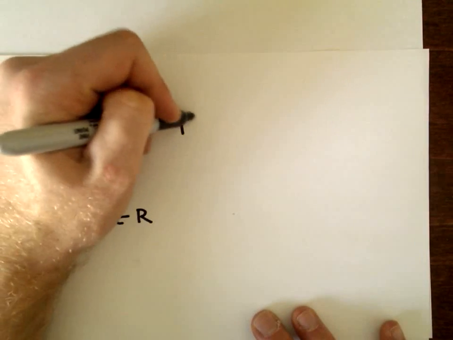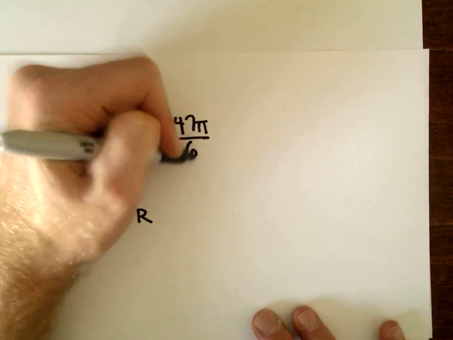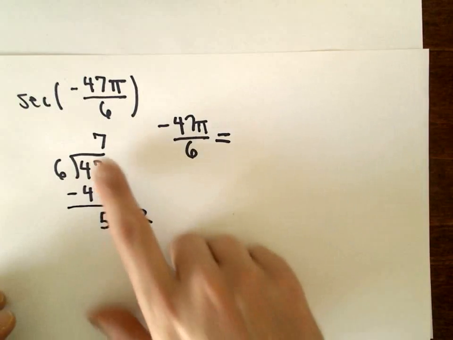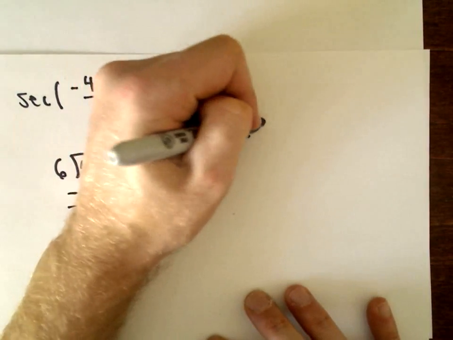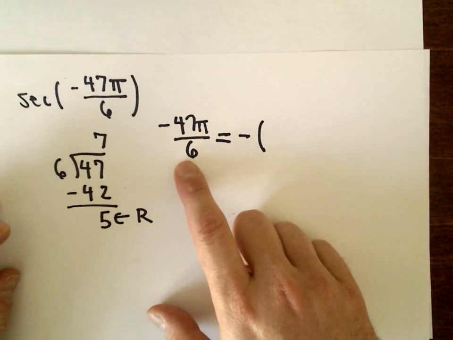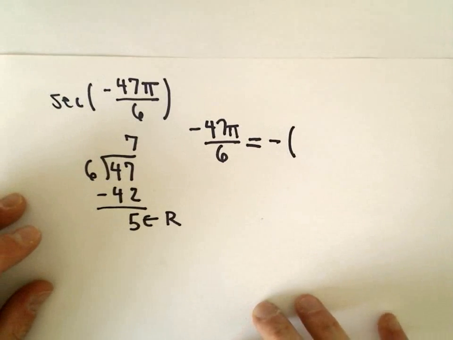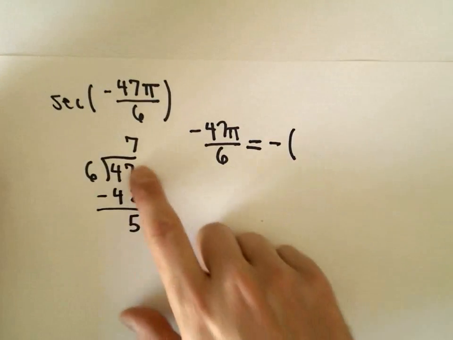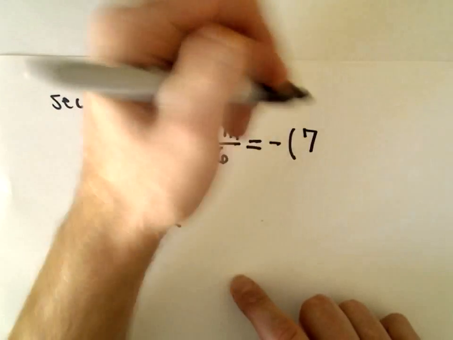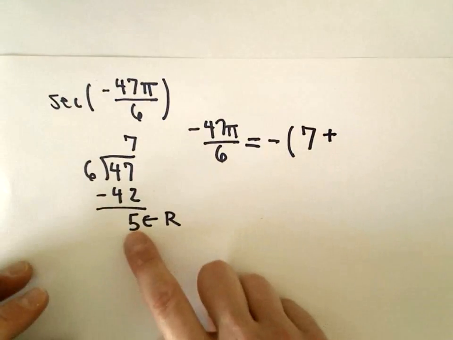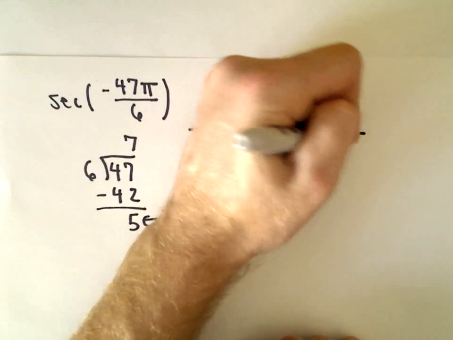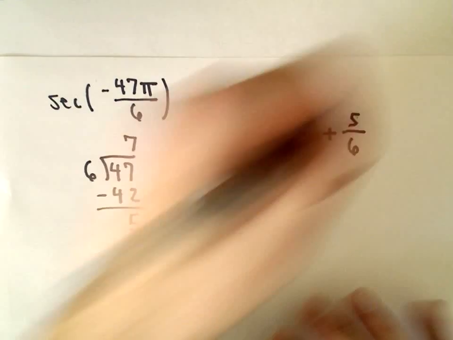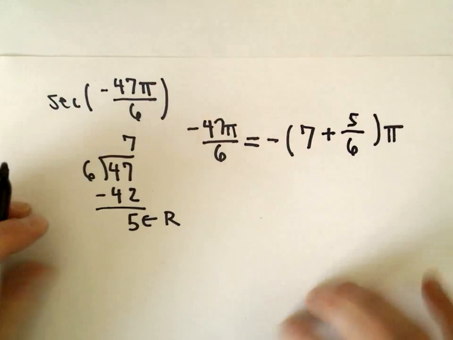So negative 47 pi over 6, let's just think about the 47 over 6. I'm going a little faster here because we keep doing the same thing. 47 divided by 6, we said we can write that as 7, and another remainder, which is 5 over 6, because that's what we're dividing by, pi's.